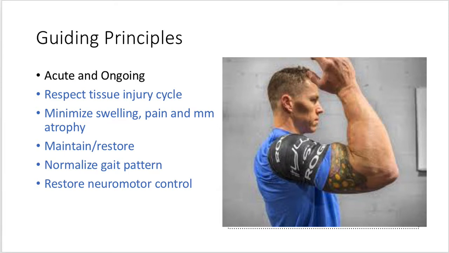So what are our guiding principles? Acute and ongoing. So this means we're going to think about this right away, but also ongoing throughout. We want to always respect the tissue injury cycle.